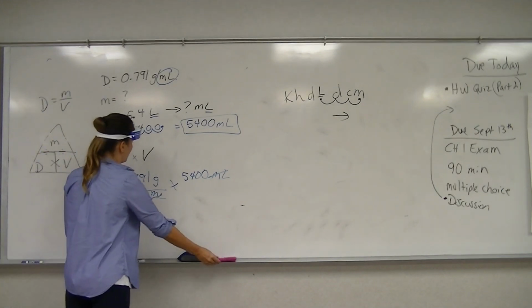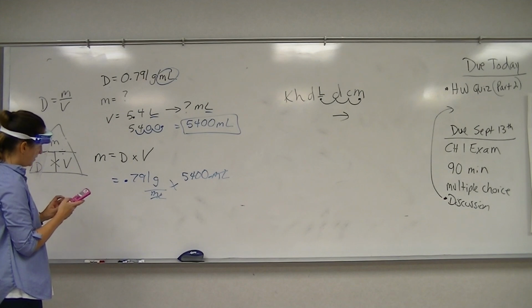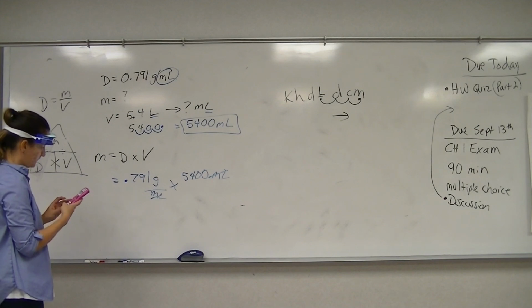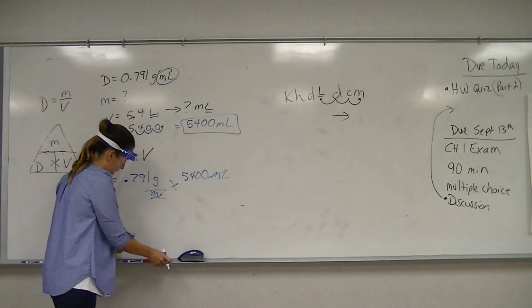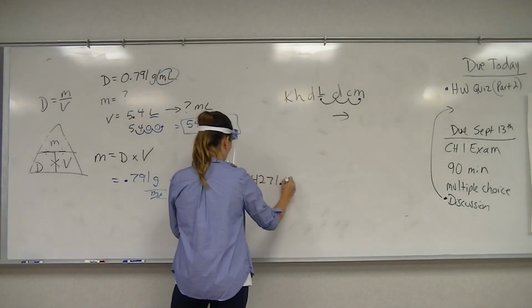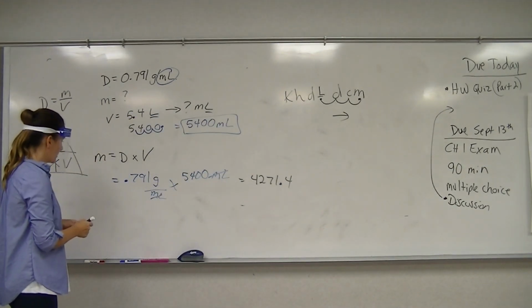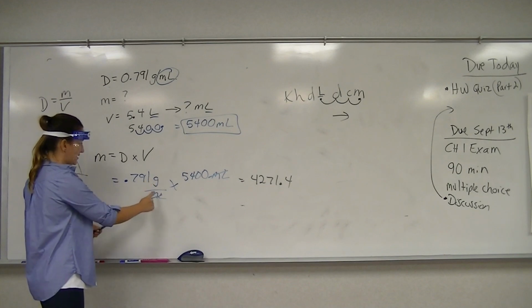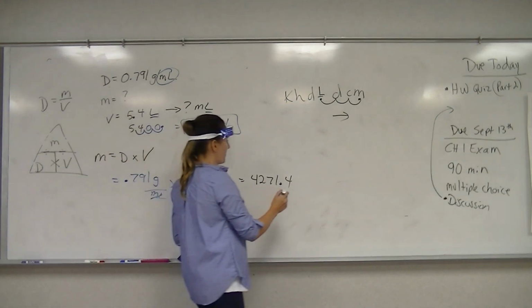So multiply that out. 791 times 5,400 is 4271.4. The units are going to be grams, because that's the only unit I have left. It's also the acceptable unit for mass.